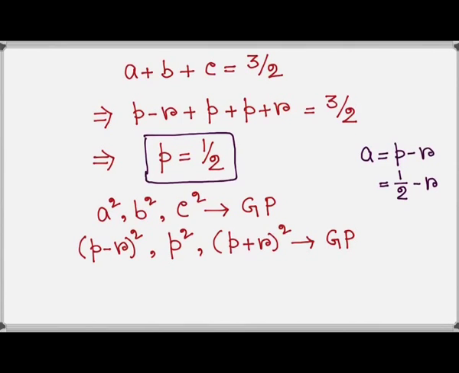So we can write P minus R whole square into P plus R whole square is equal to P to the power 4. Therefore we get P square minus R square whole square is equal to P to the power 4.